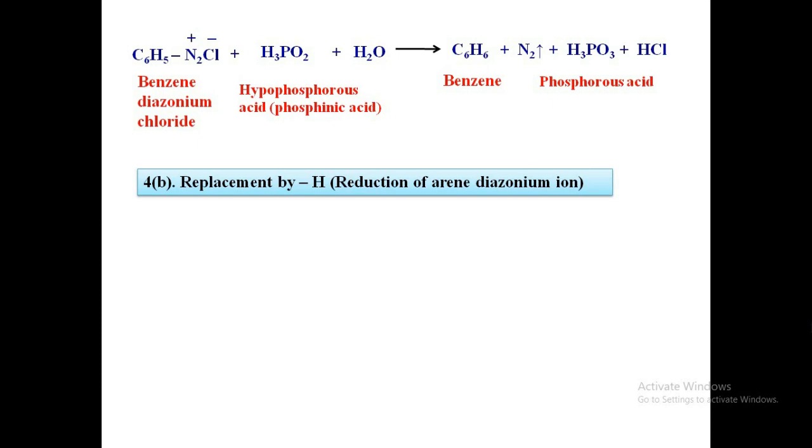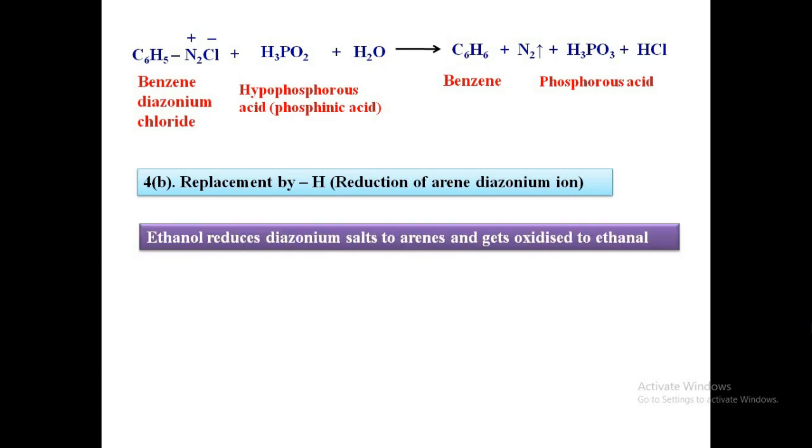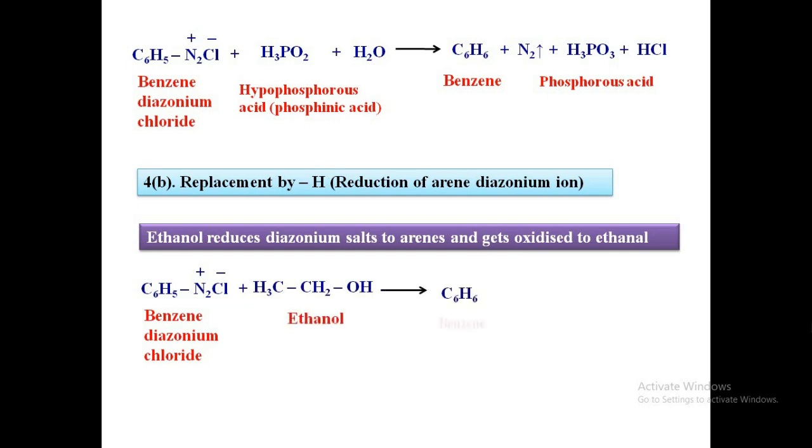Ethanol reduces diazonium salts to arenes and gets oxidized to ethanal. Let us consider the reaction when benzene diazonium chloride is reacted with ethanol. The formation of benzene, ethanal, hydrochloric acid and nitrogen vapors occurs.